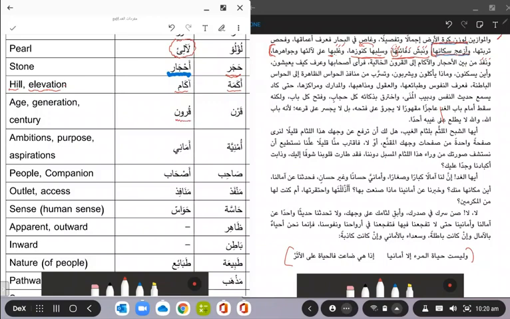Qurun means ages, generations, and it also has the meaning of a century. The singular form is qarn, and this is used a lot in the Quran as well. Qarn and qurun mean generations, past ages. In modern Arabic, qarn also refers to a century.